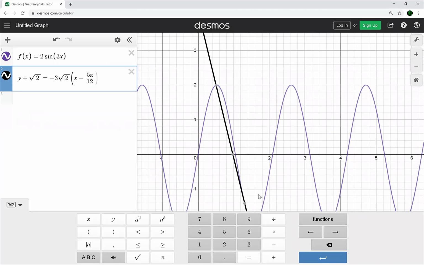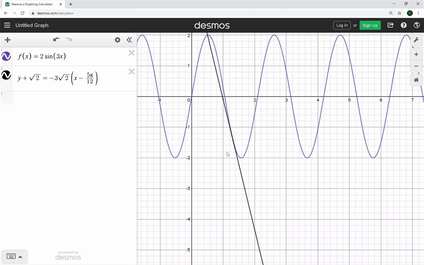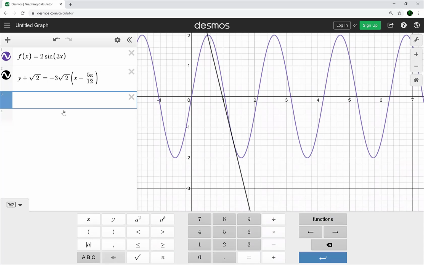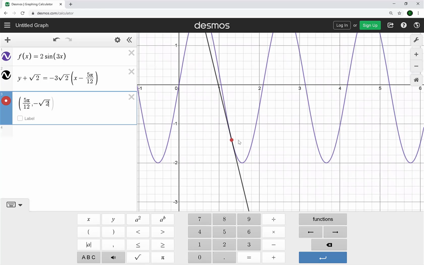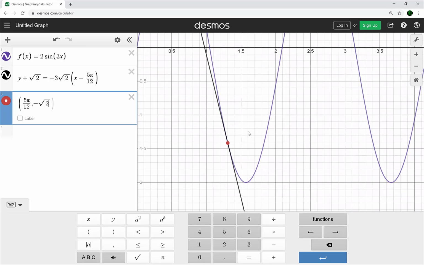Yeah, that does look like a, look at that, guys. And then give me the points again. 5 pi over 12, and then move to the right. And negative square root of 2. Yay, look at that. Yep, that is most definitely a tangent.